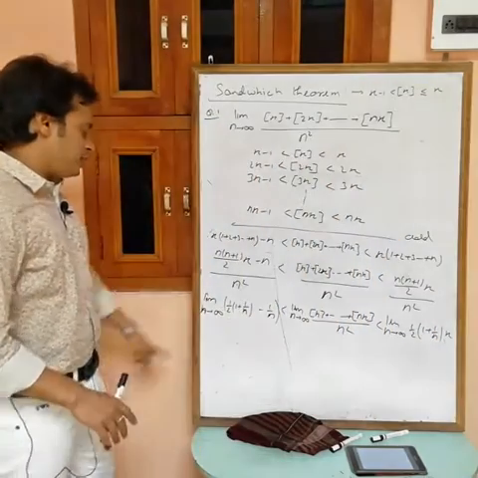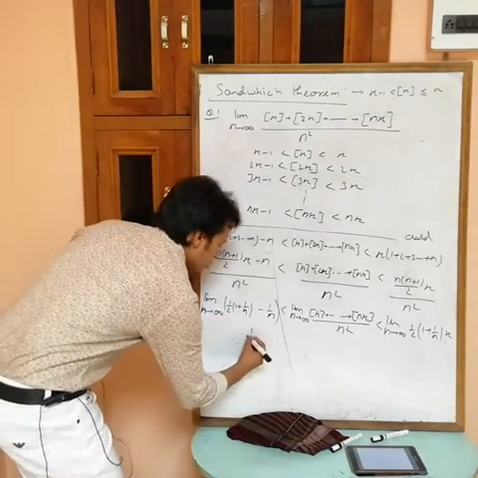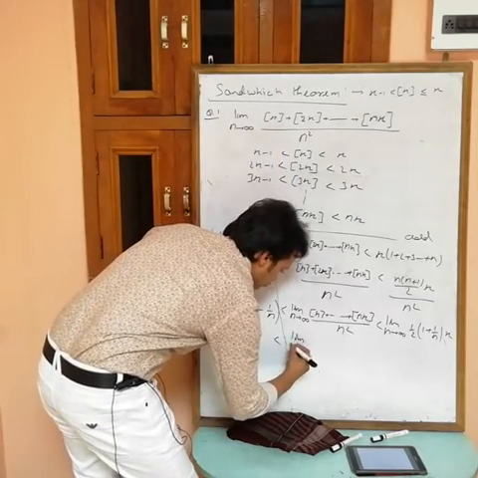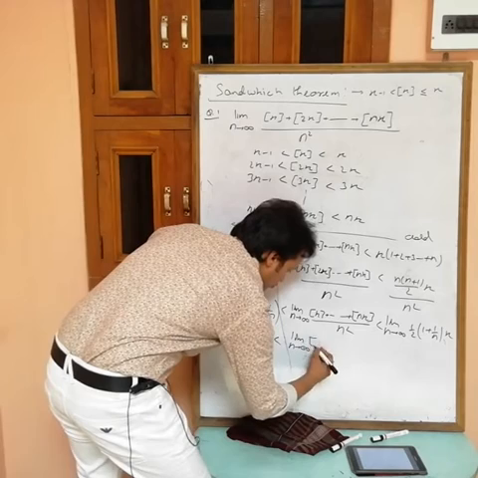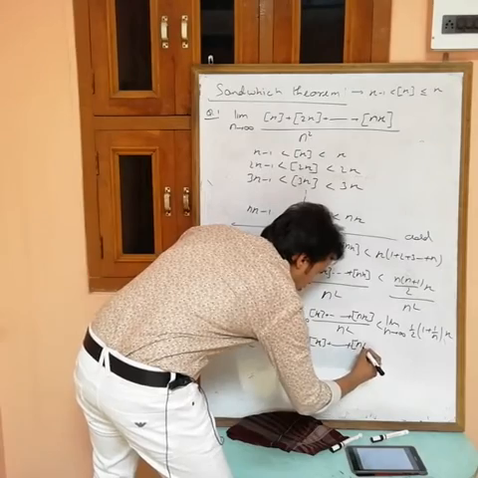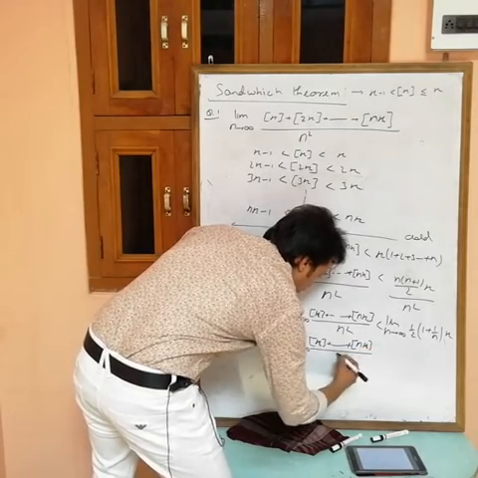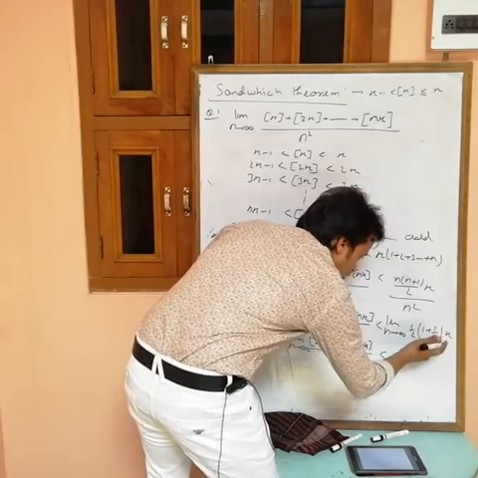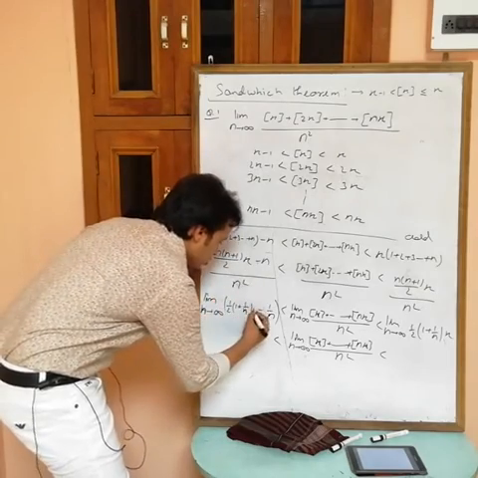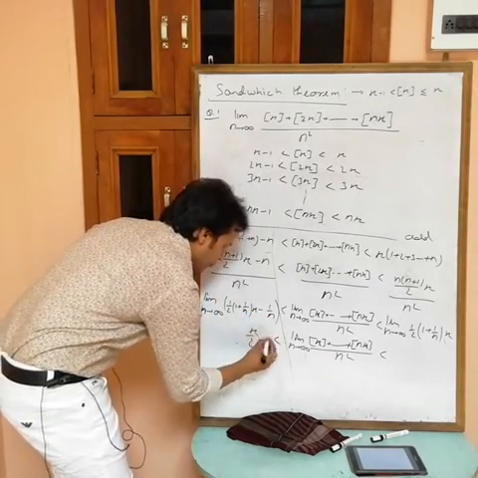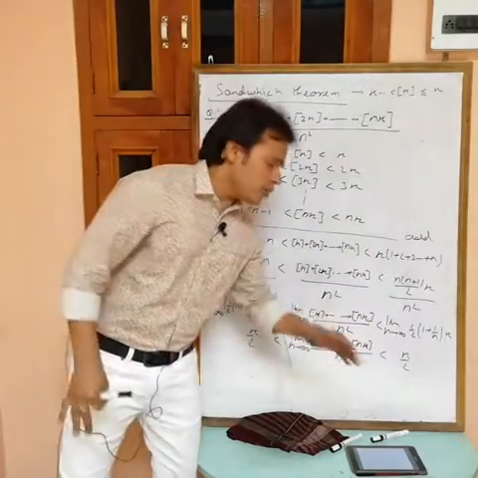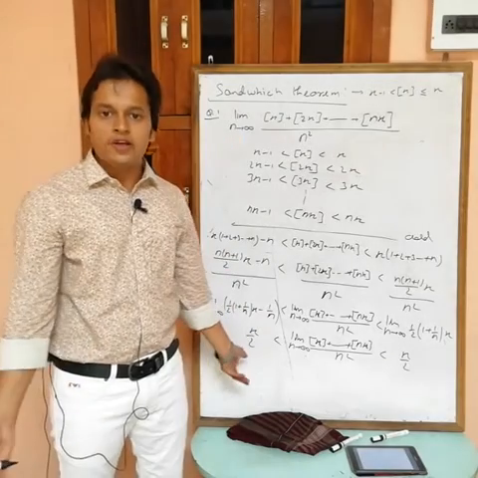Now put n equals infinity: 1 by infinity is 0, so this is 1 by 2, and the other has minus 1 by n, which is 0. We also have x, so here x by 2 and here also x by 2. So the limit of this one lies between x by 2 and x by 2, and only x by 2 is the option.